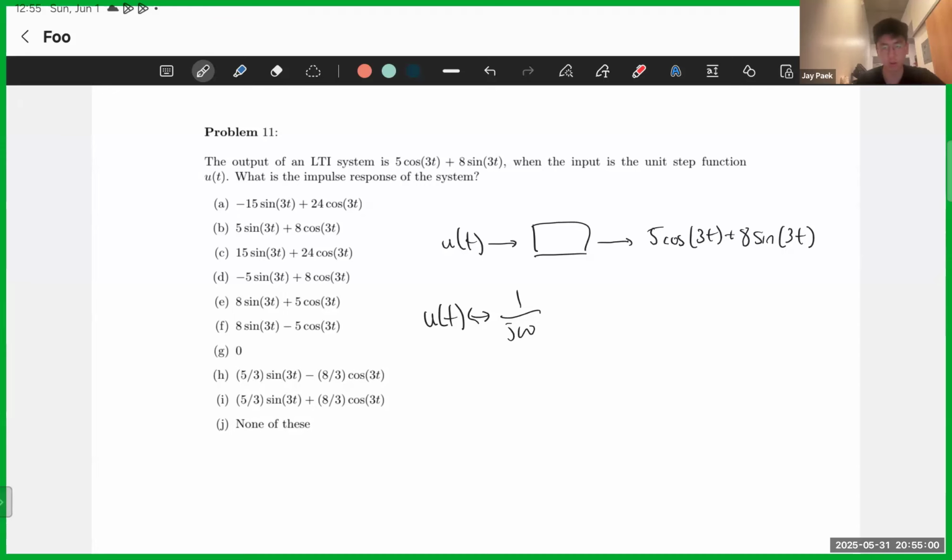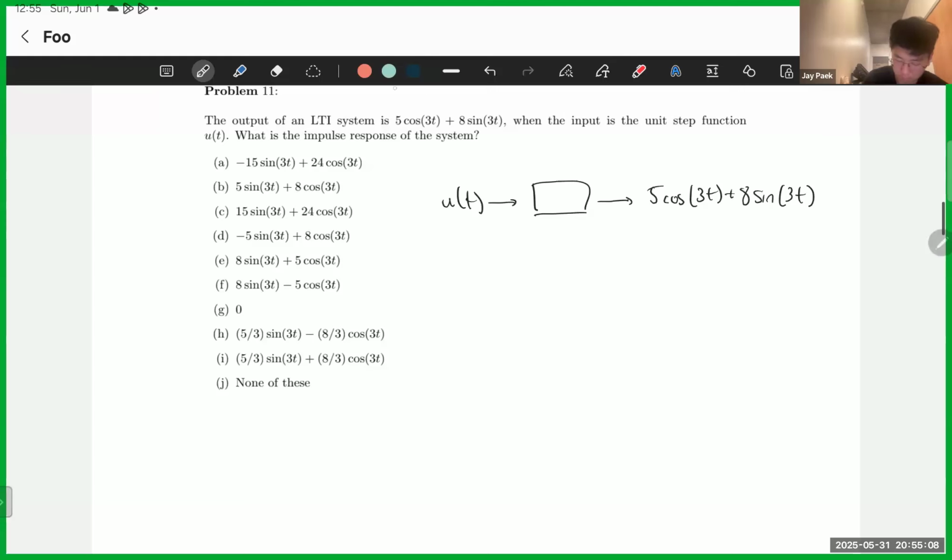Yeah, it should be just 1 over j omega. And why is this true? Well, you could either solve for it directly or have it written down. The math is very straightforward.